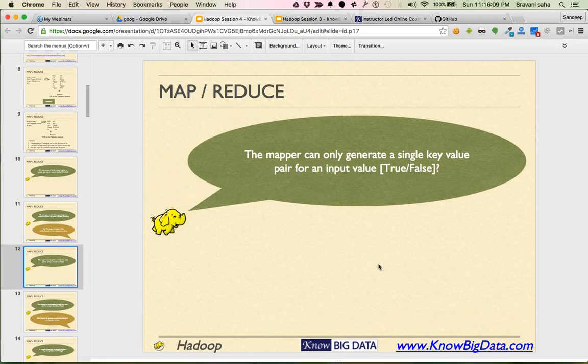All right. So our mapper, did it generate multiple keys for a single line in case of word count, or does it generate only one key value for our word count?